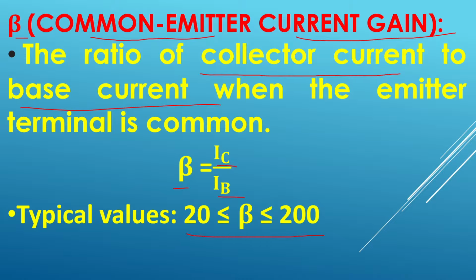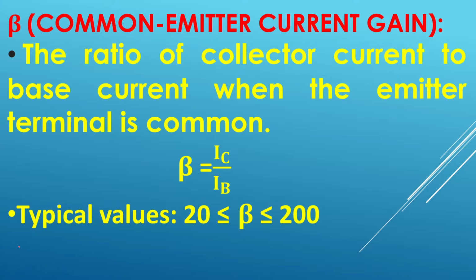Numerator is current and denominator is current, so this current gain parameter will not have any units, because the amperes in the numerator and denominator cancel each other. If the units of numerator and denominator are the same, they cancel, and the parameter you are determining will not have any units.